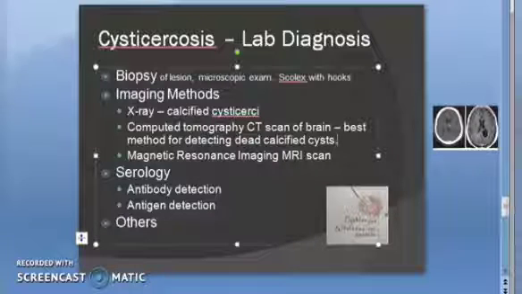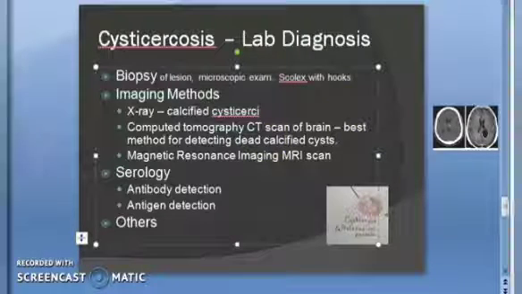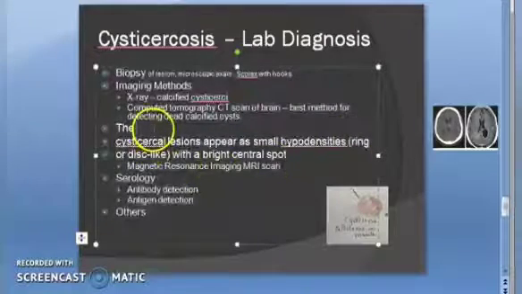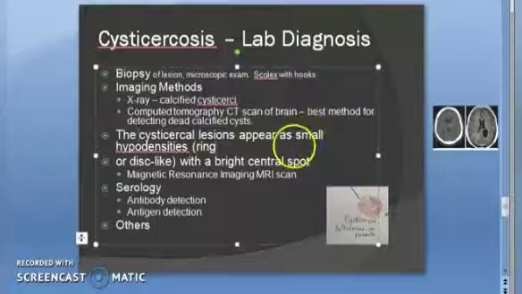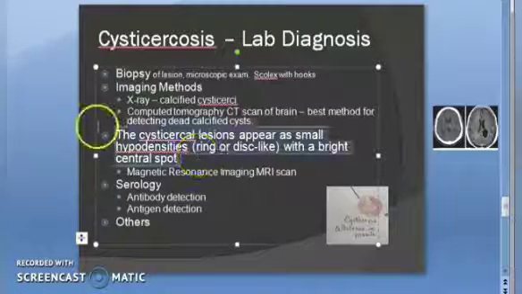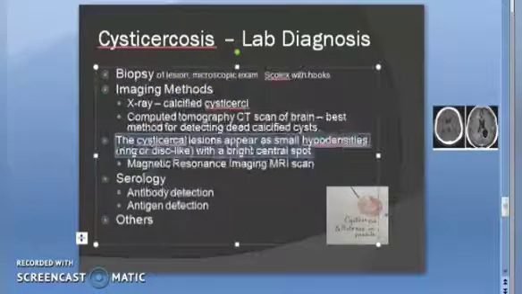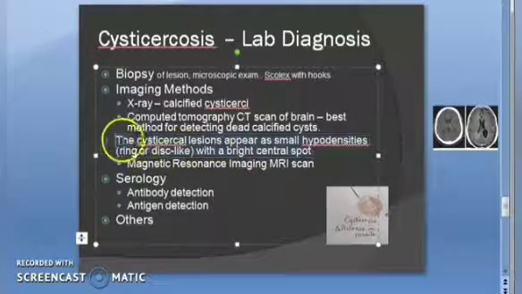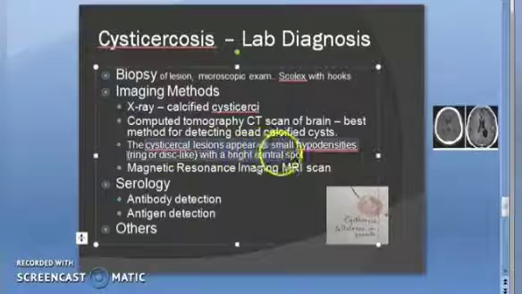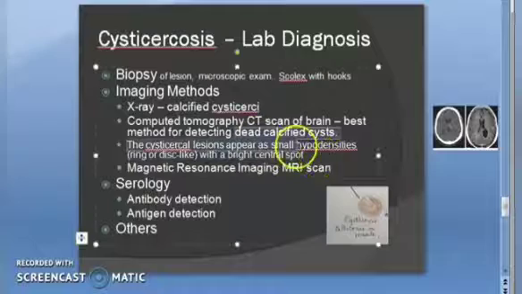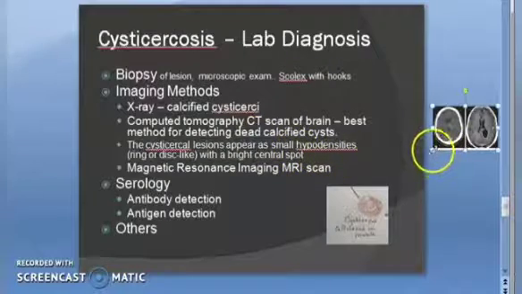The cysticercal lesions appear as small hypodensities, ring-like or disc-like, with a bright central spot. Guys, this you have to learn and understand what they are saying. Can you really see that here?